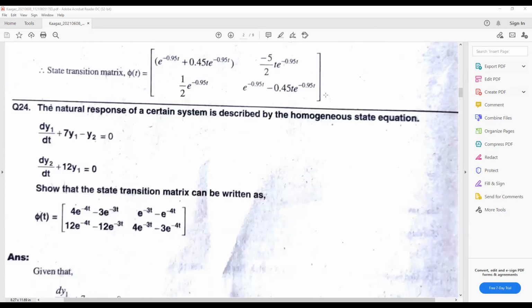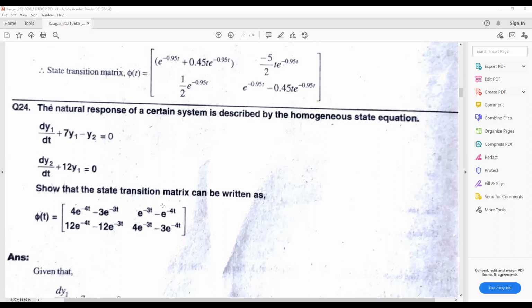Next problem. The natural response of a certain system is described by the homogeneous state equation. So dy1 by dt plus 7y1 minus y2 equal to 0, dy2 by dt plus 12y1 is equal to 0.